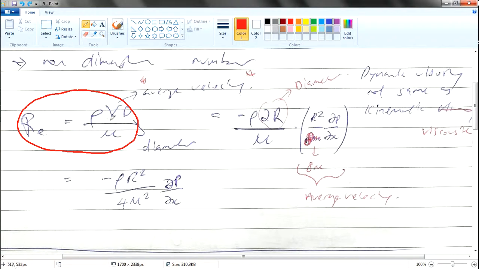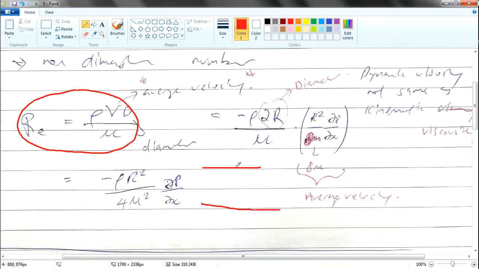So this one is your density, and this is your viscosity, the dynamic viscosity. So you're going to sub in rho times 2R. Why is it 2R?